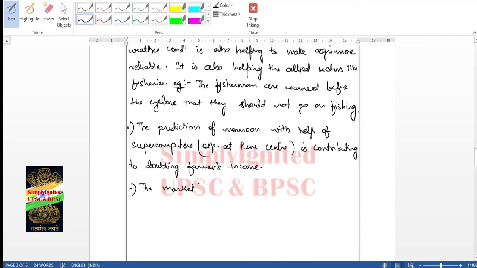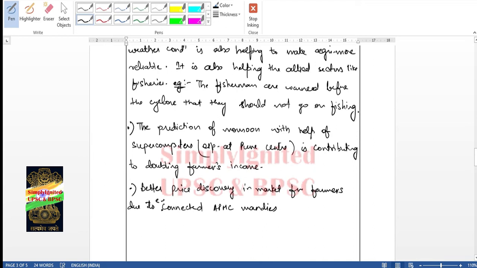And let me write one more point: the market. We have written about the monsoon, and now the market response: better price discovery in the market for farmers due to connected APMC mandis.